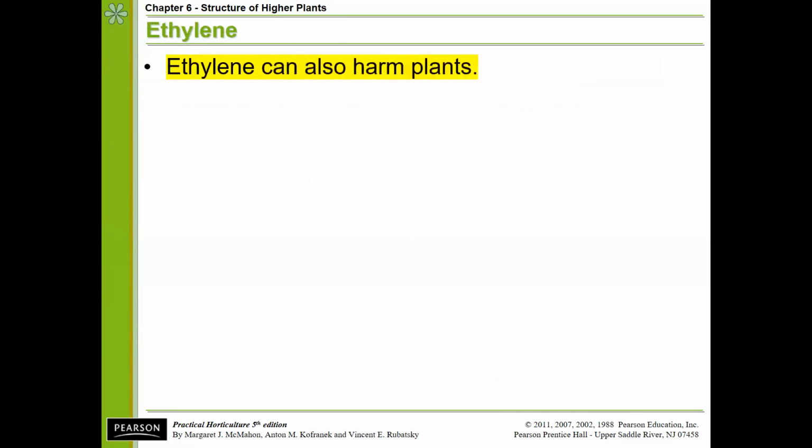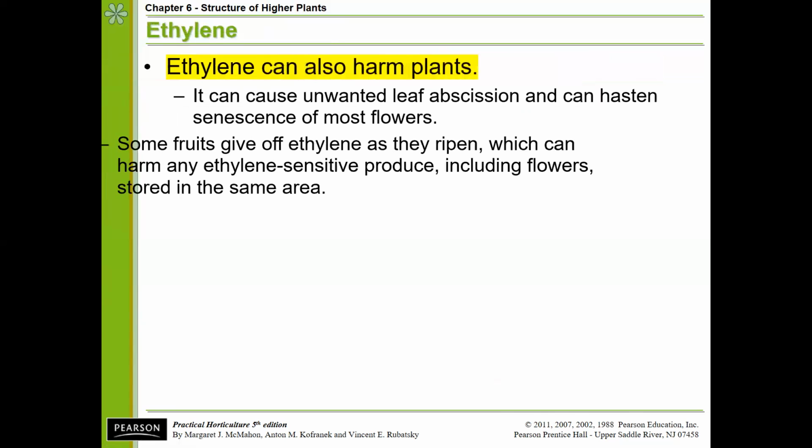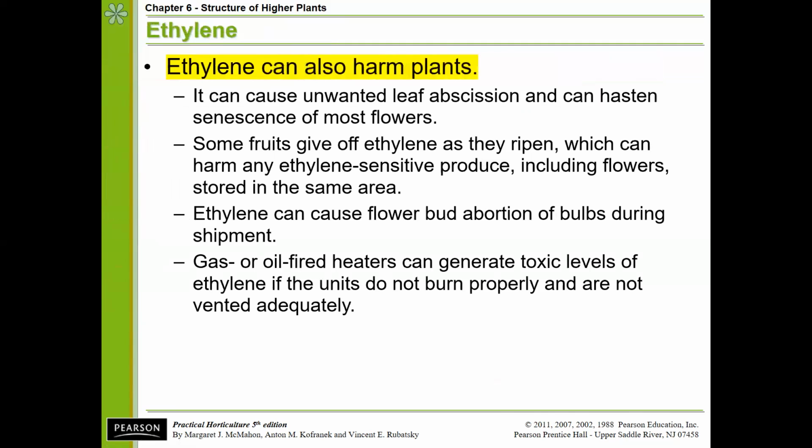But it can also harm plants, especially when we don't want them to continue to mature. So it causes rotting, right, in many cases. And there are many things that can increase ethylene, natural and unnatural.